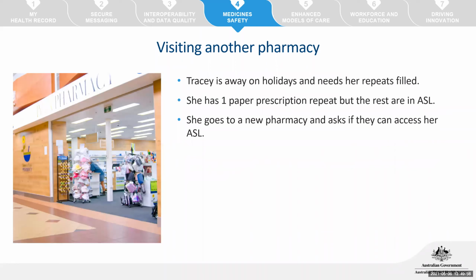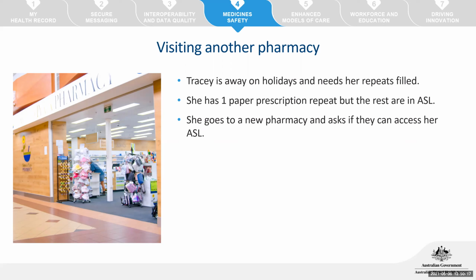Now, Tracy is away on holidays and she needs to have some of her medications filled. She's still got that 1 paper repeat left, but the rest of her medications are within her active script list. So she goes to a brand new pharmacy and checks with them whether or not they can access her active script list.